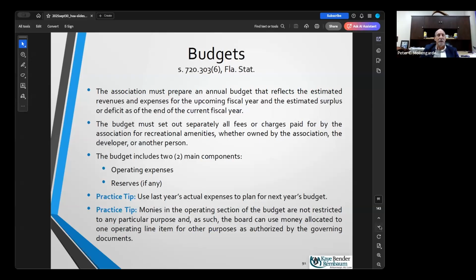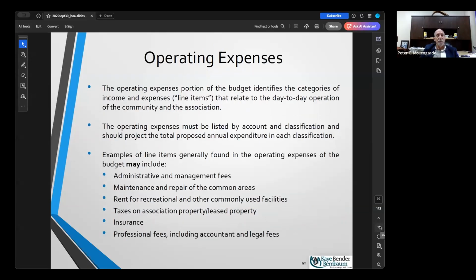Moving on, when you're doing your budget, you do use last year's budget as a template for this year's budget. Okay. And obviously make adjustments as they're needed. Now, the operating expenses portion of the budget identifies the categories of income and expenses that relate to the day-to-day operation of the association, whether that's maintenance, repair, those kind of things.